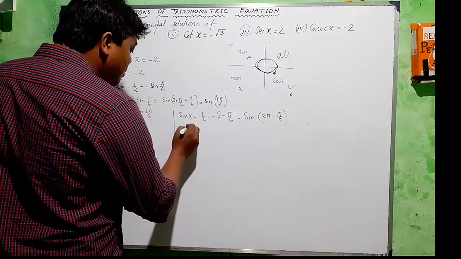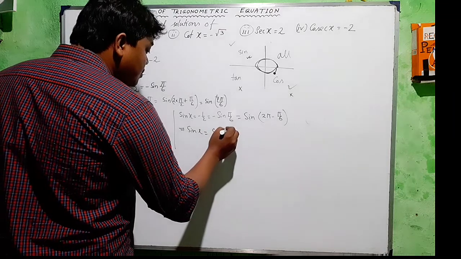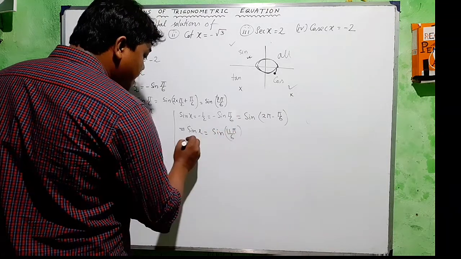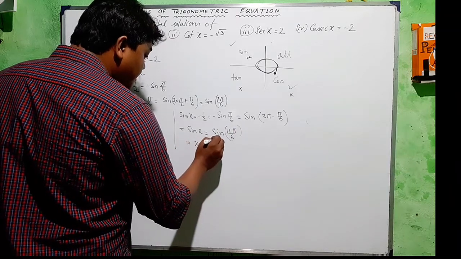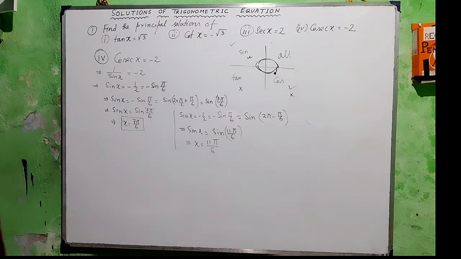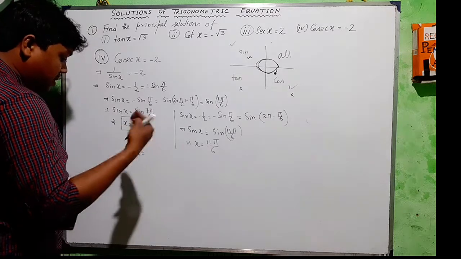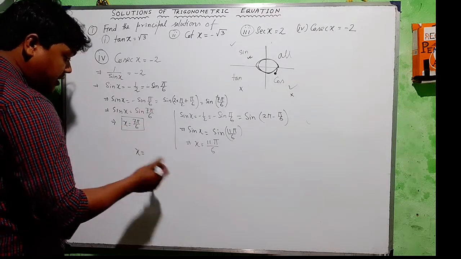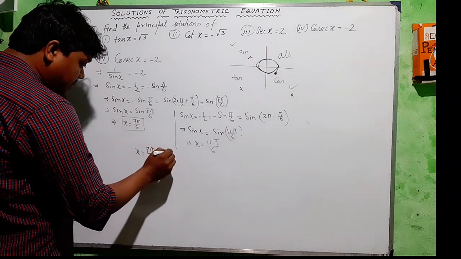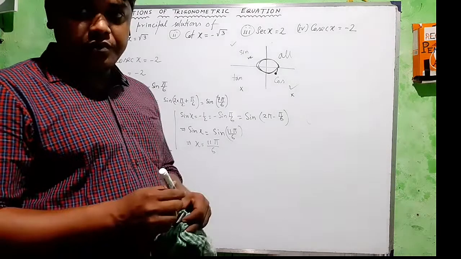So sin x equals sin of 2 pi minus pi by 6, that is 11 pi by 6. So x equals 11 pi by 6. The principal solutions of this trigonometric equation are x equals 7 pi by 6 and x equals 11 pi by 6. I think up to this point it is clear to you.